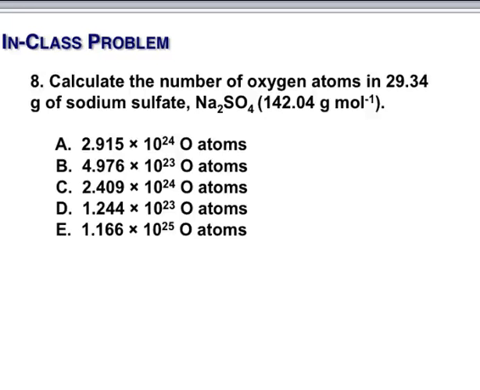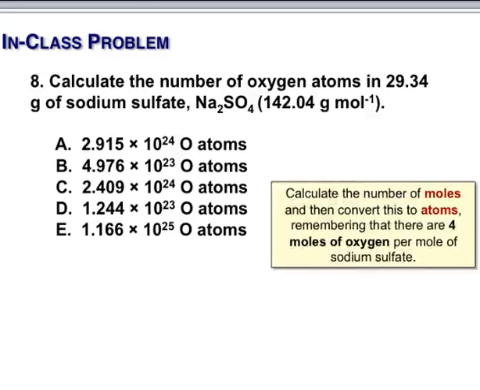Here we have 29 grams. What we need to do is to figure out how many moles this is. Once again, we have a mass, we have a molar mass. What do we do? Divide them, and that gives us moles.